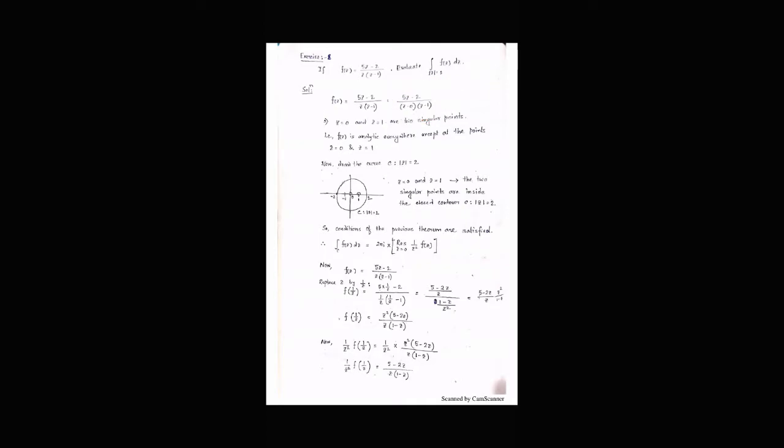From the factors z minus 0 and z minus 1, we can say that z equal to 0 and z equal to 1 are the singular points of this function fz.